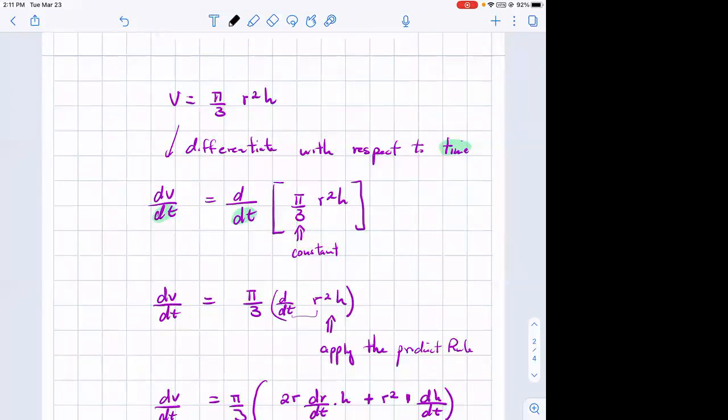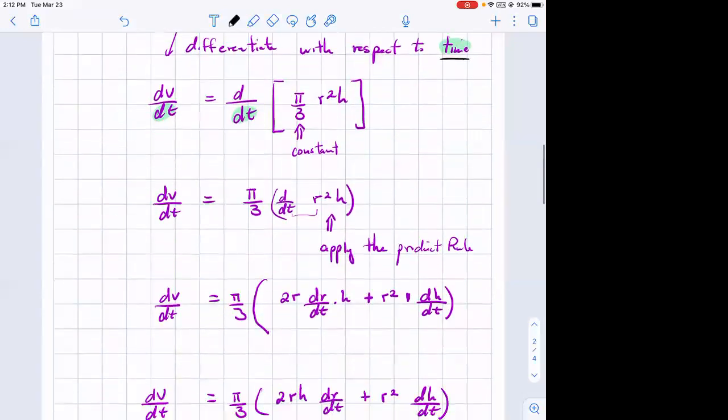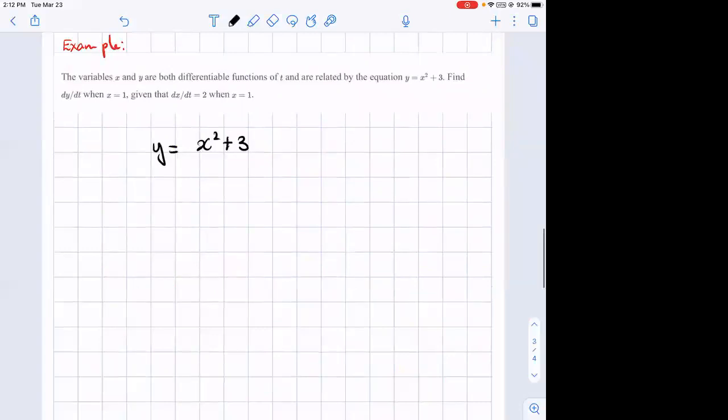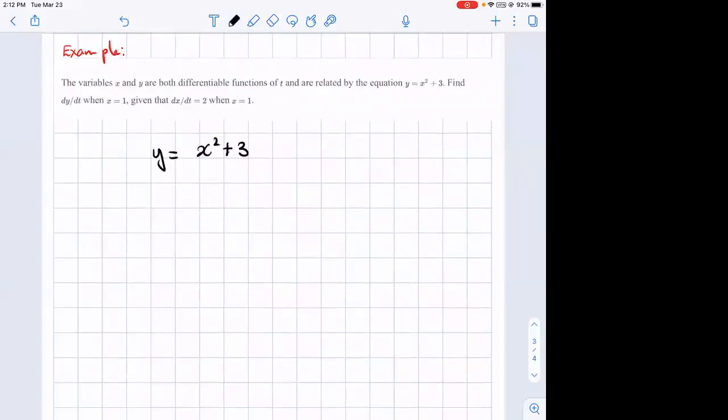In this example, I also differentiate with respect to time. When you read the problem, there's going to be some little hint telling you what you're differentiating with respect to. And the hint in this example is find dy/dt. So you have to differentiate with respect to time here again.